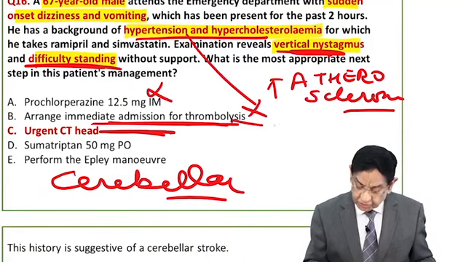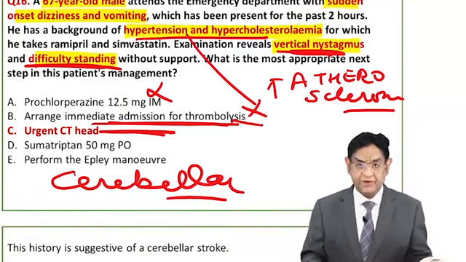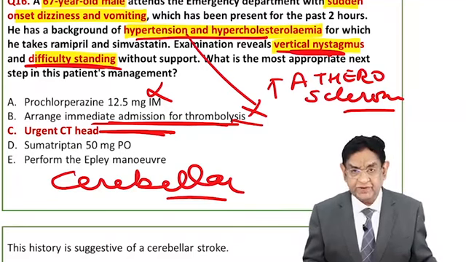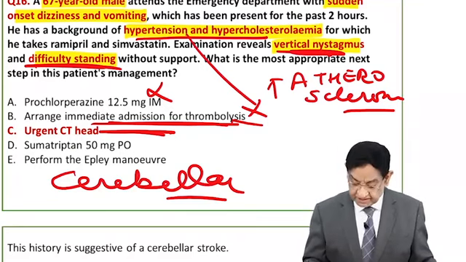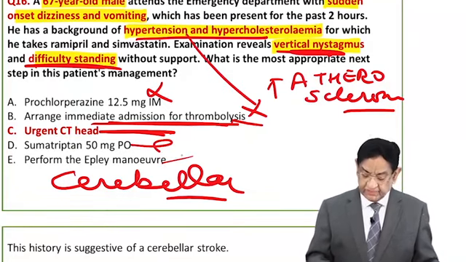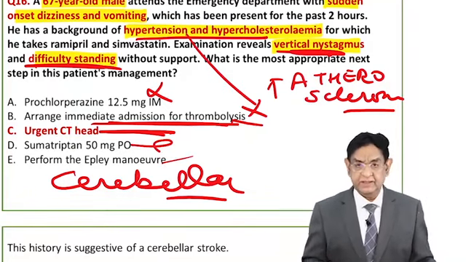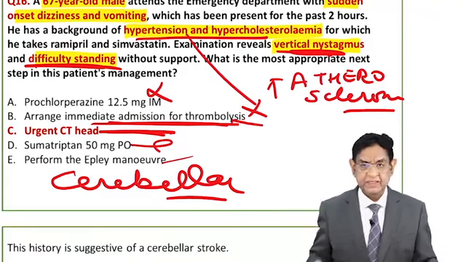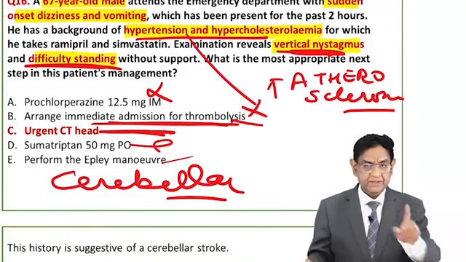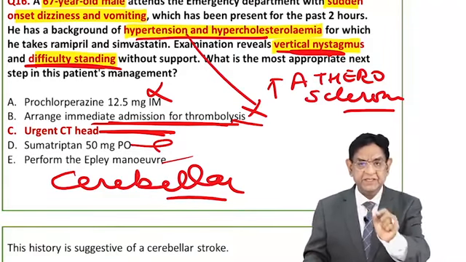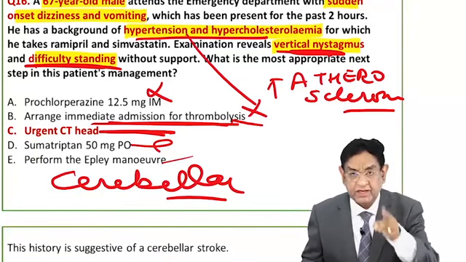And thrombolysis, no way. You first confirm that we are dealing with stroke. Sumatriptan is for migraine, this is for vertigo, this for the positional vertigo. So none of them. The answer is urgent CT scan, non-contrast.